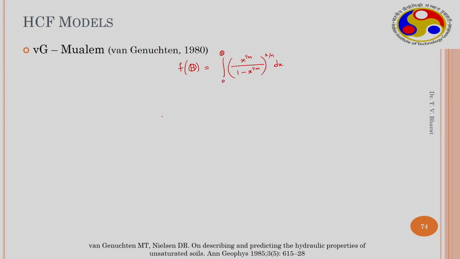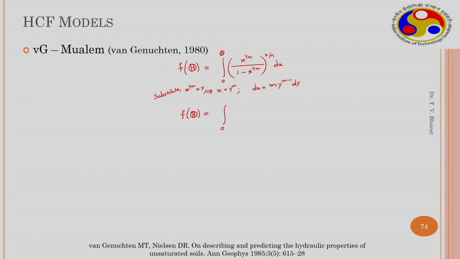Similar to the earlier Van Genuchten-Mualem equation, we again substitute x power 1 by m equals y, or x equals y power m. Then dx is equal to m y power m minus 1 times dy. So, this is the expression for dx.